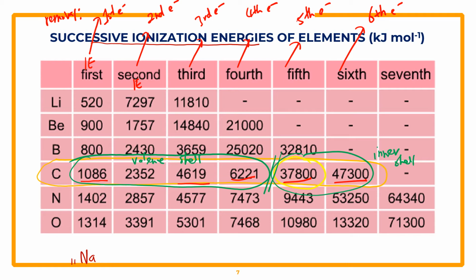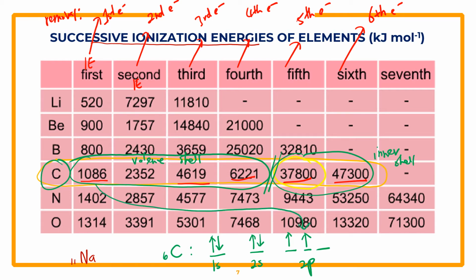Okay, since kita dah tahu dah elemen ni adalah elemen carbon, of course lah awak dah tahu apa dia punya proton number kan? Okay, berapa proton number untuk carbon? It is 6. So, dalam 6 electron configuration ni kita boleh tulis sebagai 1s ada 2 elektron, 2s ada 2 elektron, dan 2p kita ada lagi 2 elektron. So, the first IE merujuk kepada removing this first electron.